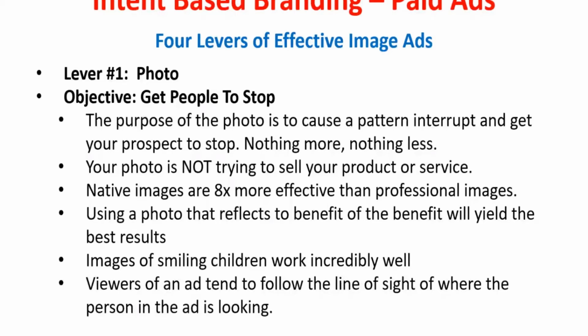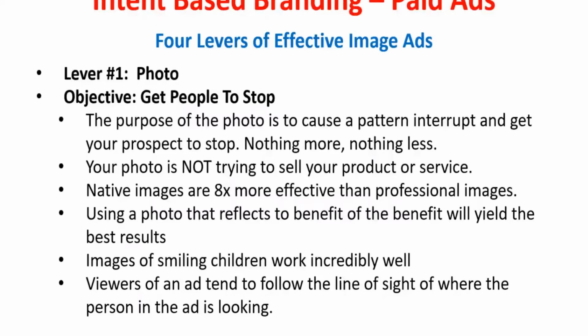And remember this: if you're using images of people, which is smart, it's very wise to use images of people, again, not professional photos where everything is staged. That has shown to be 8 times less effective than native images, just in real life.